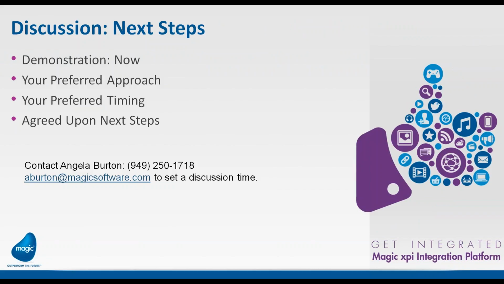So what we would normally do is sit down with you one-on-one. But what we'll do now is show the demonstration, and then we'd like to set an appointment with you for that individualized discussion about your preferred approach, your timing, and the kinds of next steps that make sense for your organization.